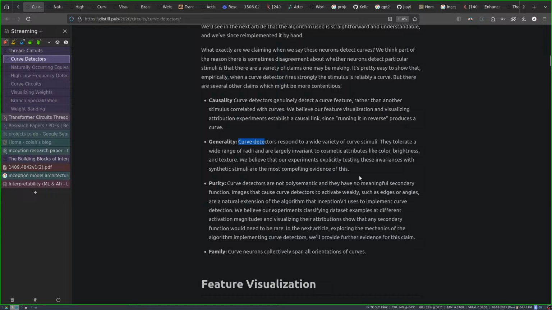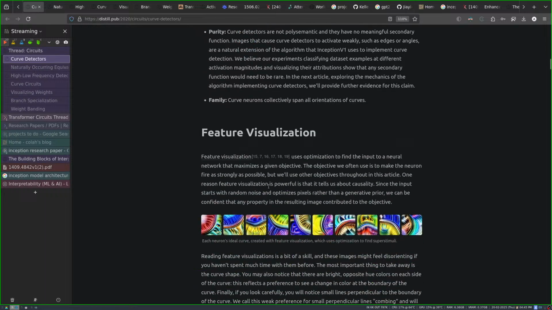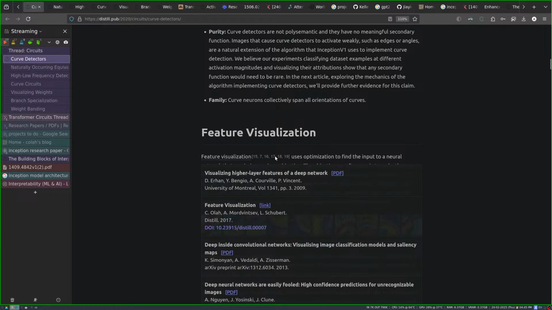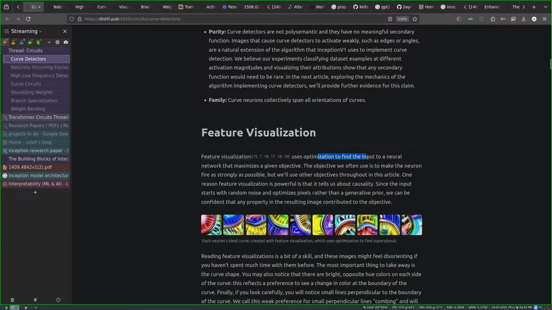Next: generality and purity. The detector responds to a wide variety of curve stimuli. Feature visualization uses optimization to find an input to a neural network that maximizes a given objective.